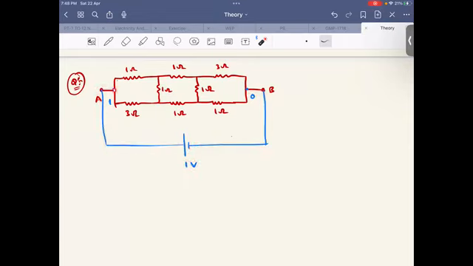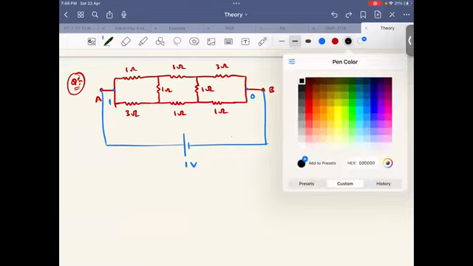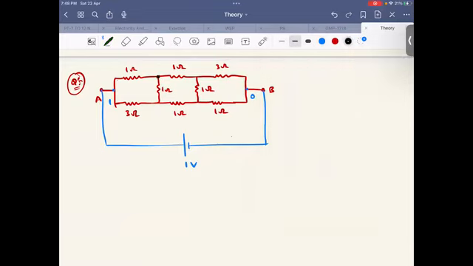Now, I don't know what potential it will be here, so let me take this point as X and this point as Y.